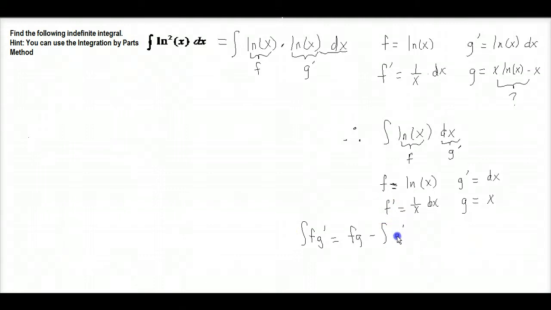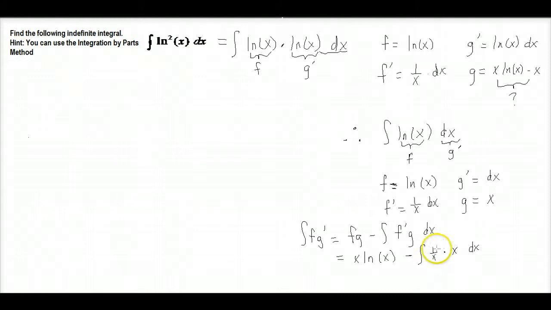Excuse me, that was incorrect. It should be the integral of f prime g. So let's go ahead and put that there, f prime g, and we'll just slap on the dx at the end. We know that f is natural log of x and g is x, so that would end up being x times natural log of x minus the integral of f prime, which is 1 over x, times g, which is just x, and we put the dx there.